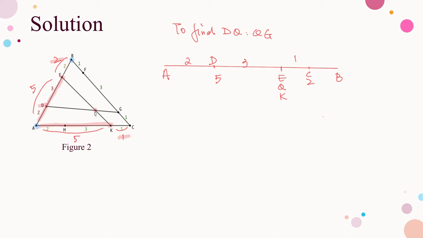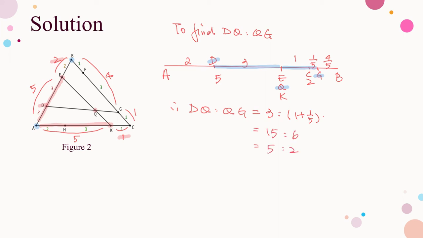As BG to GC is 4 to 1, mark G, 1 over 5 unit from C, or 4 over 5 unit from B. From the diagram, we see that DQ to QG is 3 to 1 plus 1 over 5. That is 5 to 2.